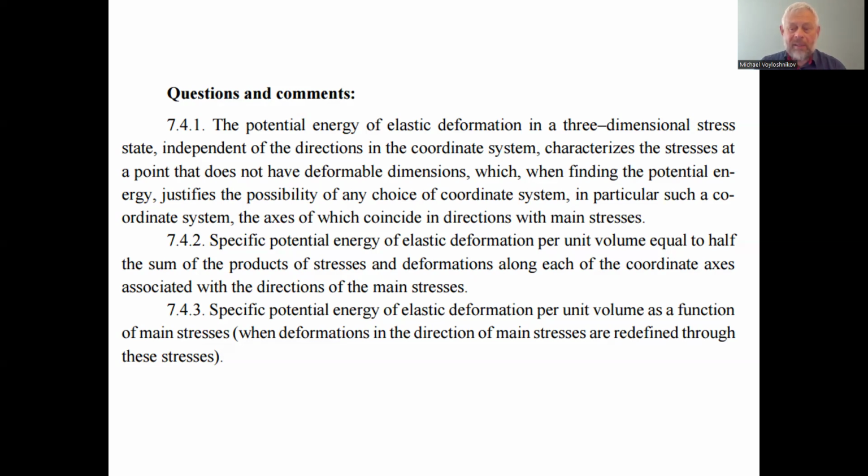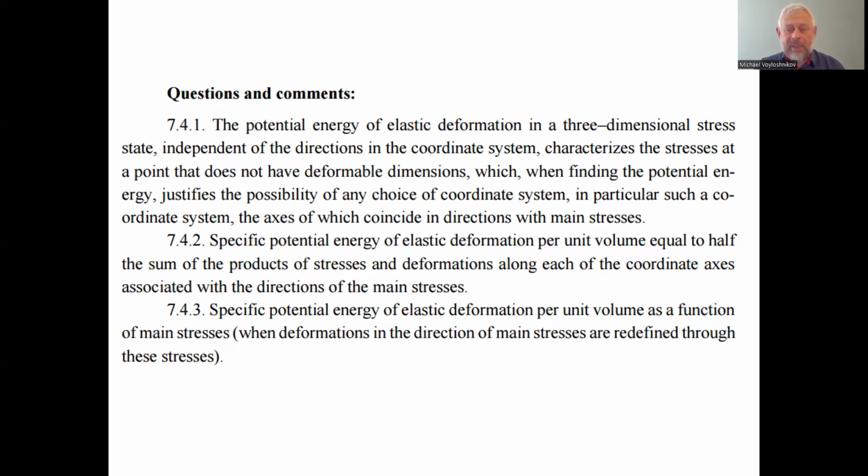On the other hand, we can find the potential energy without consideration of the tangential stresses, only under the action of the main normal stresses on the sides on which we have no shearing stresses.